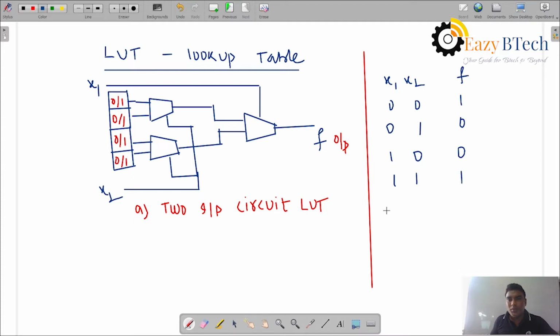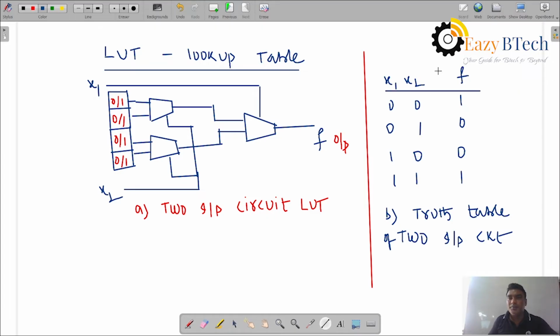So it is the truth table of the two input circuit.